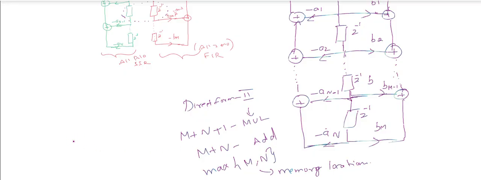So this form is called canonic form structure.